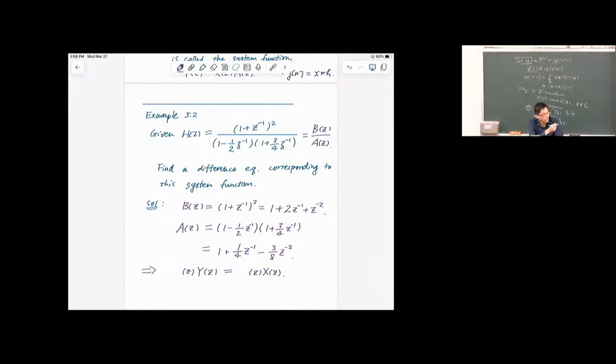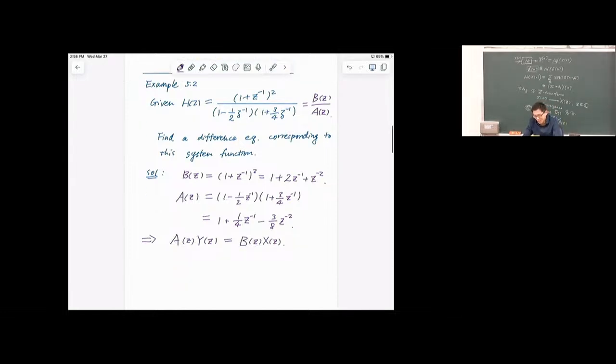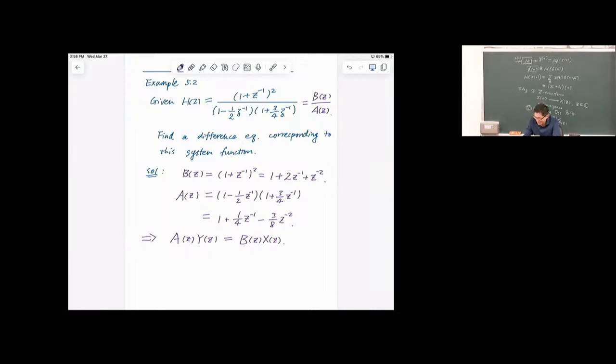Was I correct? Wait. Y divided by X equals B over A, yes, so I was correct. Okay. It's pretty exhausting to be talking about math right after lunch. Not the best time for math.